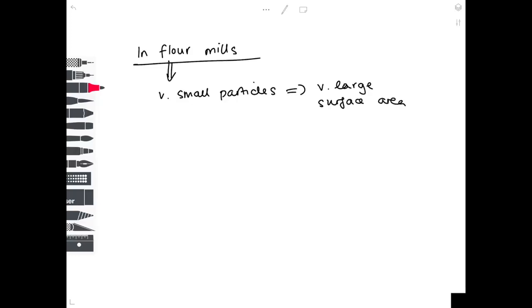Coupled with that is that these particles are flammable, which means they set alight easily. And that means that if these happen to catch fire, you have an extremely high rate of reaction due to the large surface area of those flour particles, meaning that the whole flour mill is liable to explode due to a massive fire.